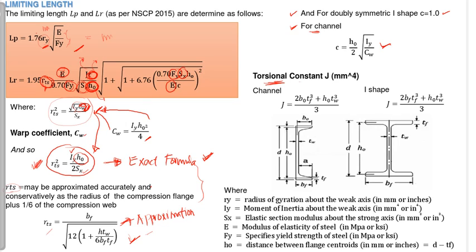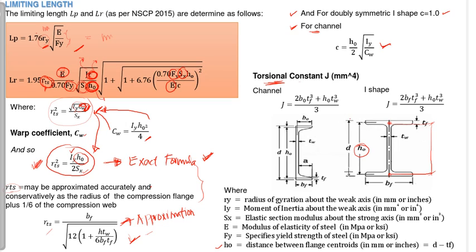And for the HO, what is our HO? HO is the distance between flange centroids in mm or in inches. So, basically, D minus TF. When we look at this, this is the HO. Here is the middle of the flange, and here is the middle of the other flange. So when we take that, that becomes our HO.